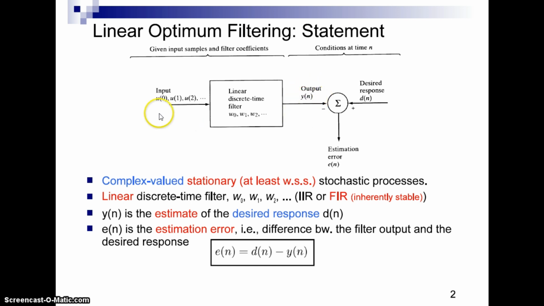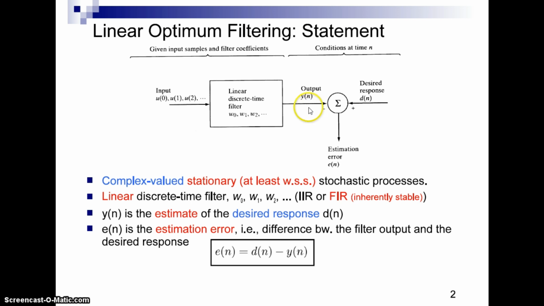The input simply consists of the time series u of 0, u of 1, u of 2, and the filter itself is characterized by the impulse response represented by the sequence W0, W1, W2, with the output denoted by y of n.